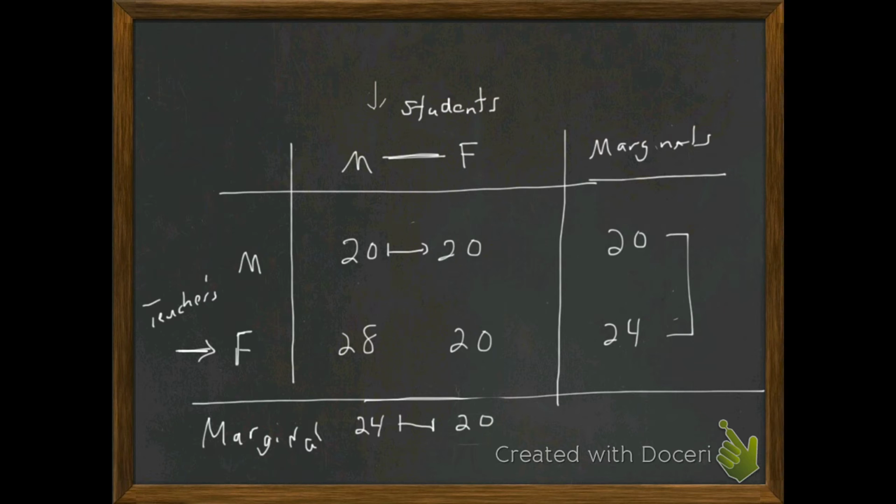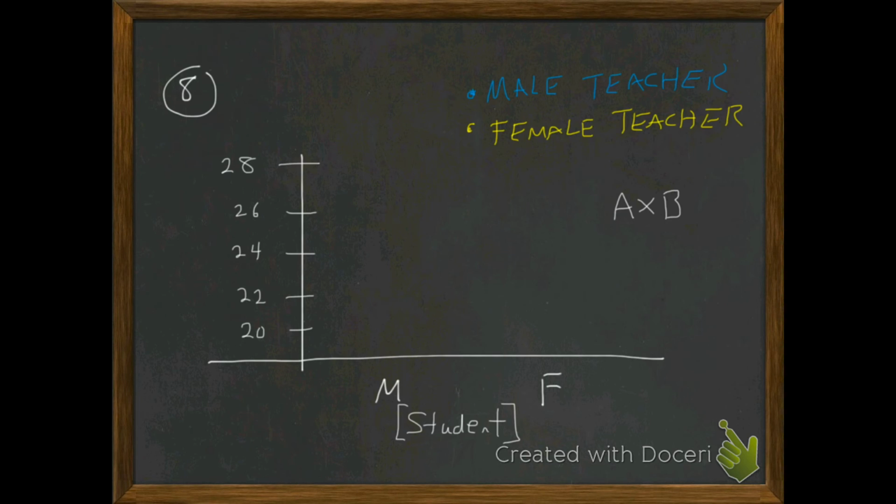Students do equally well in the class taught by male teachers, but in female teachers, the male students are doing a lot better than the female students. Okay? Now the marginal mean plots for this are going to look like this.